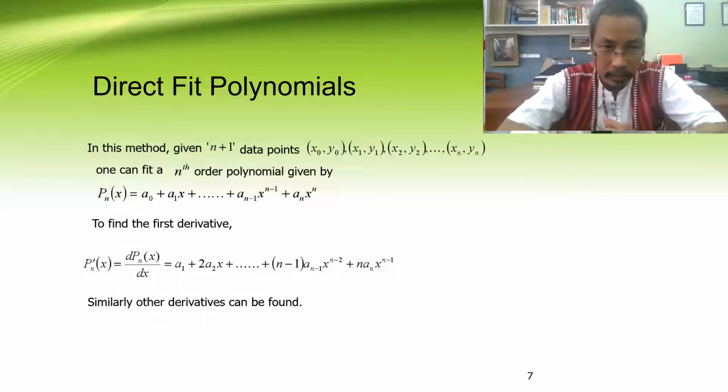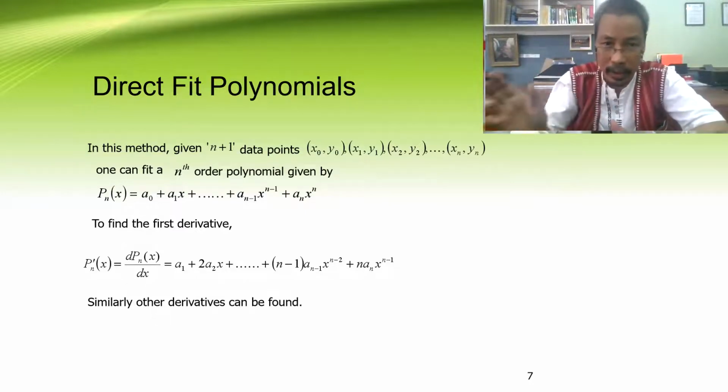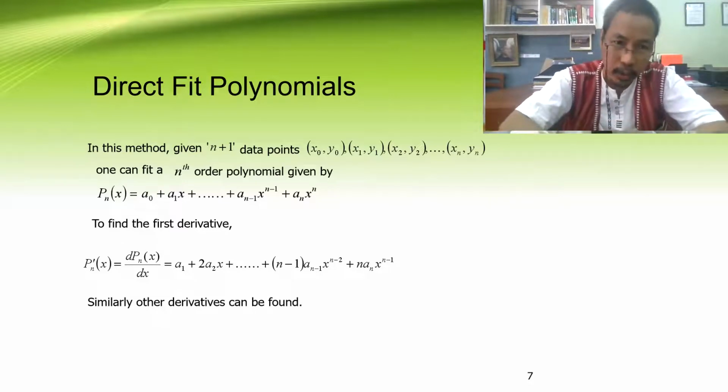Now, direct fit polynomials. In this method, given n plus 1 data points, meaning n plus 1 coordinates, x and y coordinates: x, y, x, y, and so on. How many of them? n plus 1.